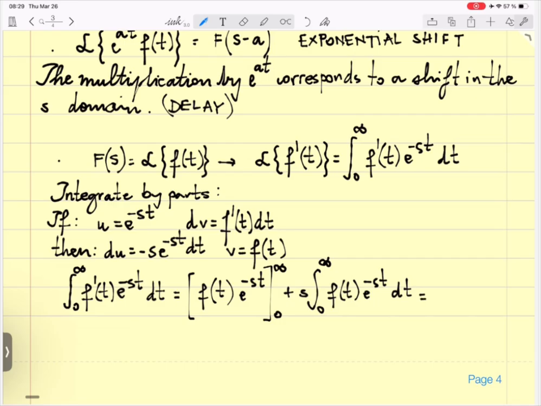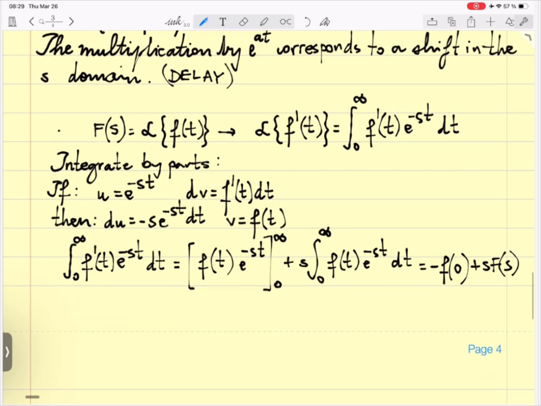And this is basically minus the function in 0 plus s times the Laplace transform of the function f. As a result, this important derivative property of the Laplace transform arises.